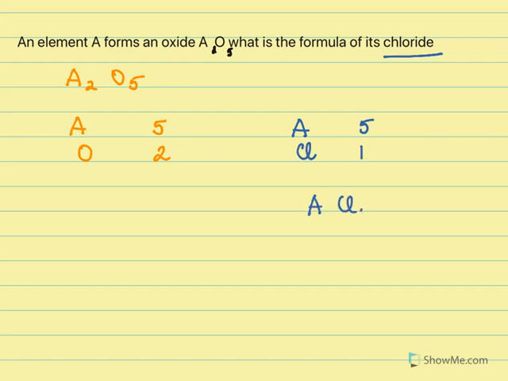Crisscross, ACl5 will be its chloride. To explain this, here this is A, and the valency of A must have been 5, and the valency of O must have been 2.